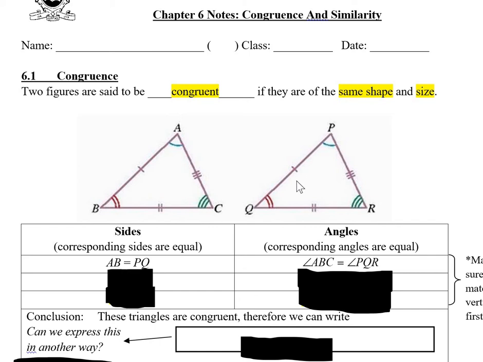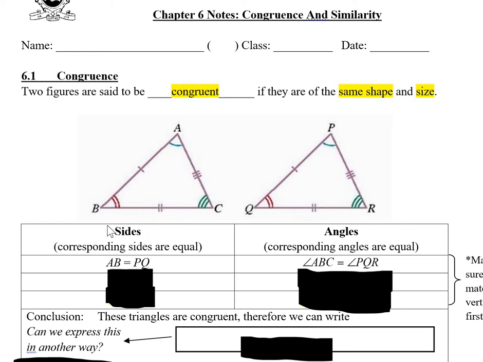Let's look at the two triangles, triangle ABC and triangle PQR. Now these two triangles are exactly the same, so we can say that triangle ABC is congruent to triangle PQR. Now when they are congruent, what does it mean?